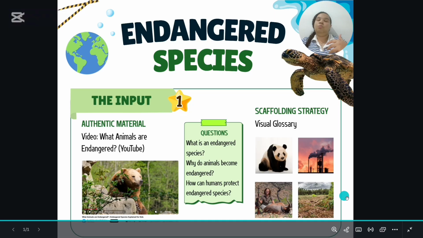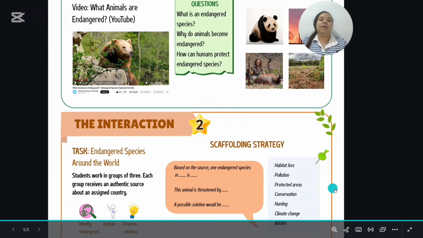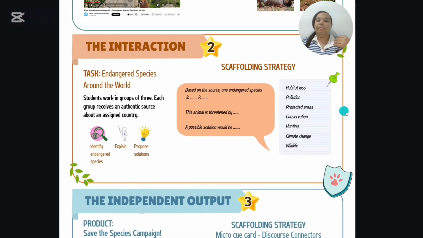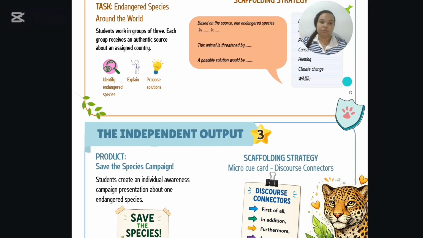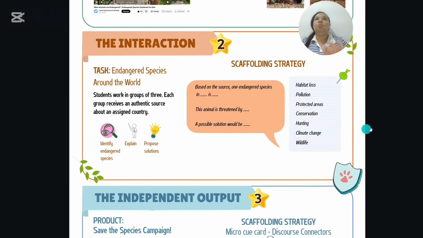And here is where the second stage comes in, which is the interaction, right? Here students work collaboratively in groups of 3, and each group is going to receive an authentic source about an assigned country.